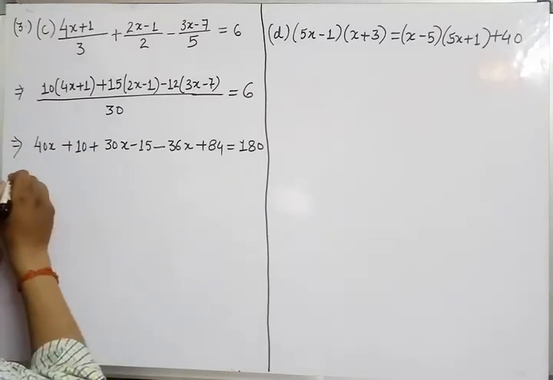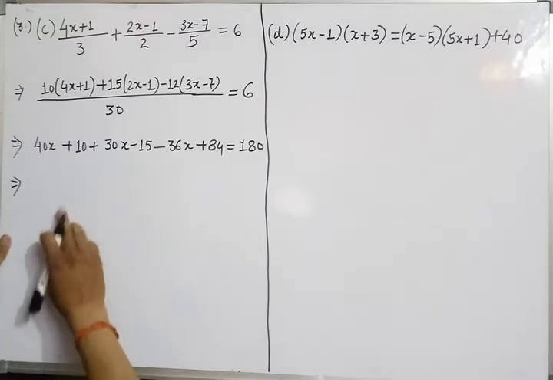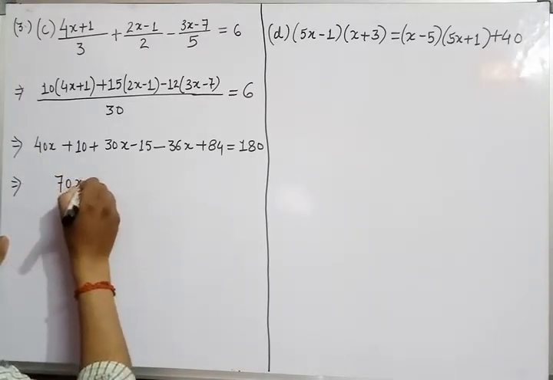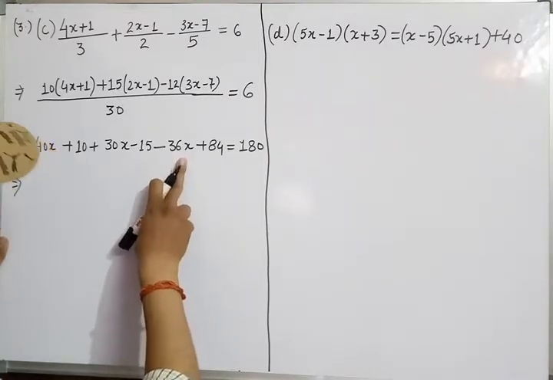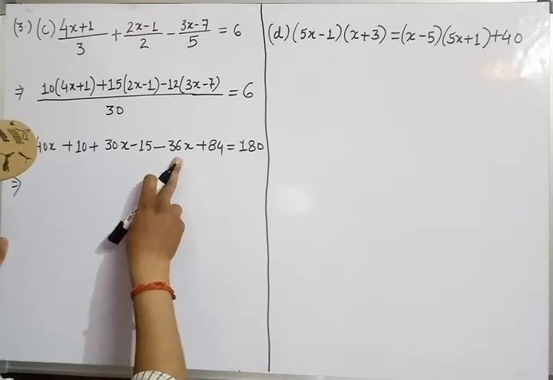Now again we have to solve this LHS part by collecting like terms. So here 40x plus 30x means 70x. Here again another x term is coming.